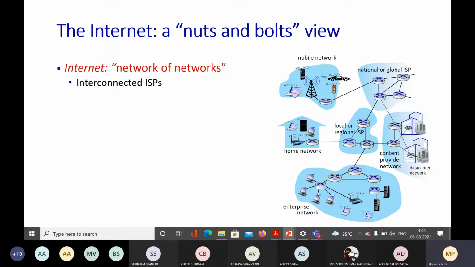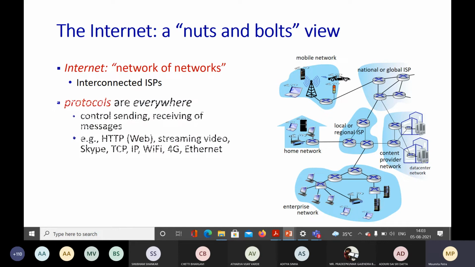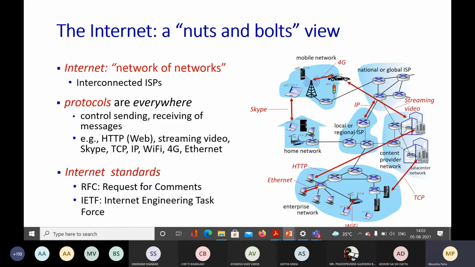Here, as you can see, it is given a nuts and bolts view of the internet. It is nothing but the basic components of the internet. We have already studied this: we have protocols, we have internet standards. What I want you to see is the diagram here.